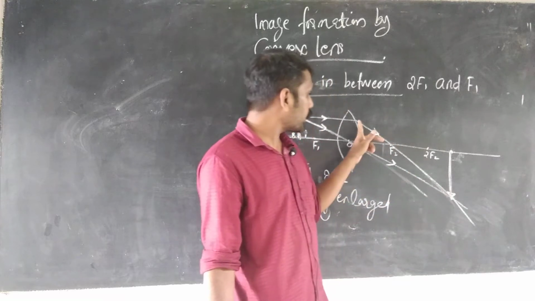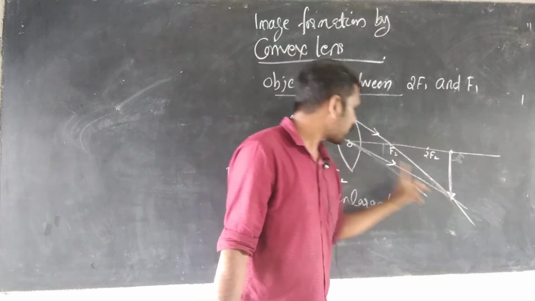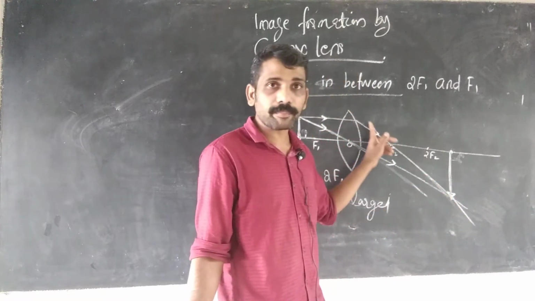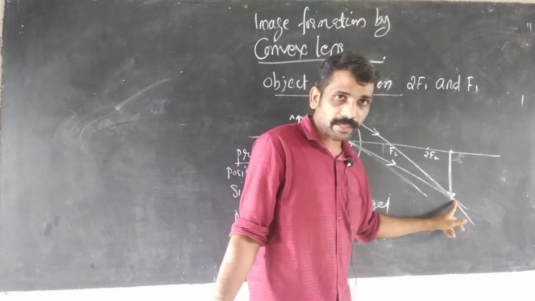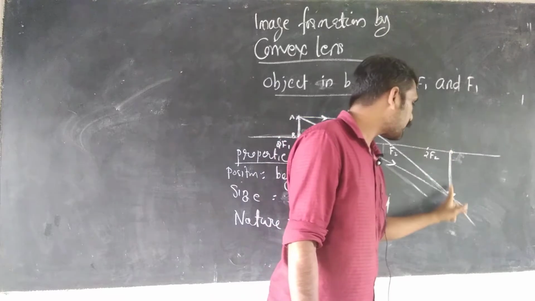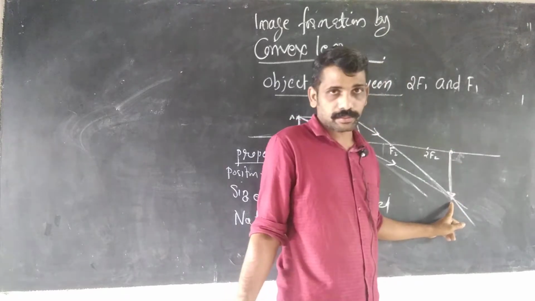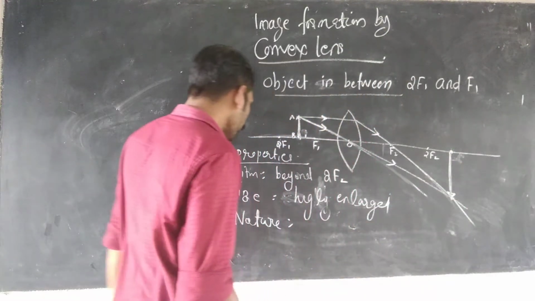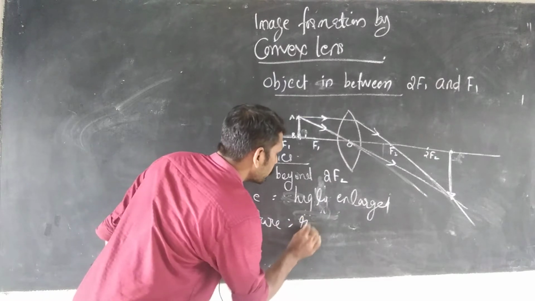Here the image is formed by the intersection of actual rays. These are the actual rays, these are not imaginary lines. So the image is a real image, and also the image is inverted. So the nature is real and inverted.